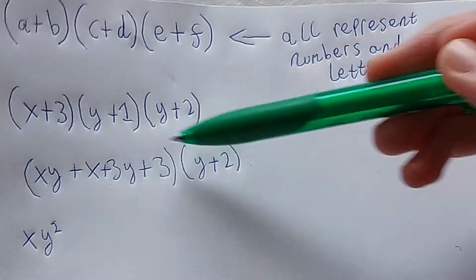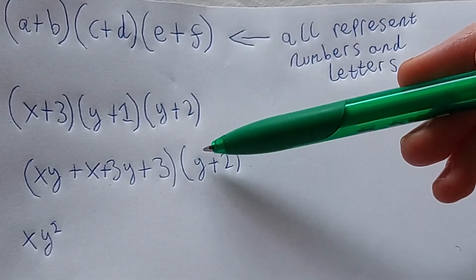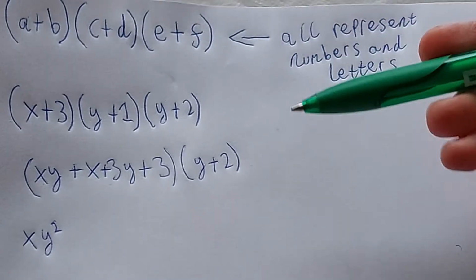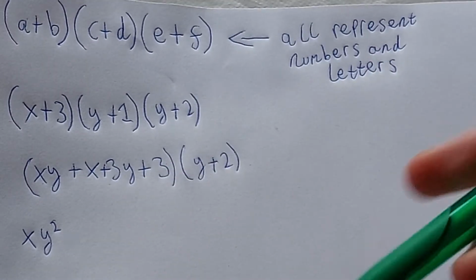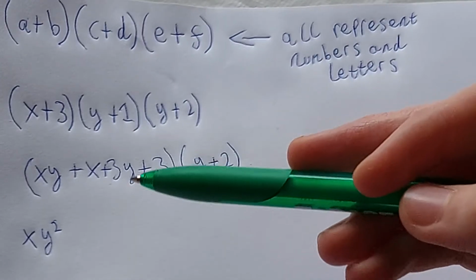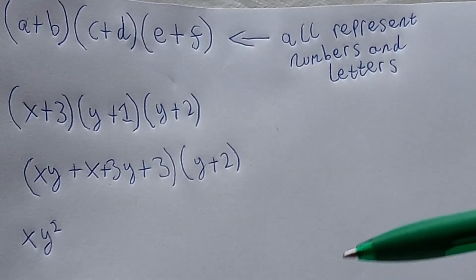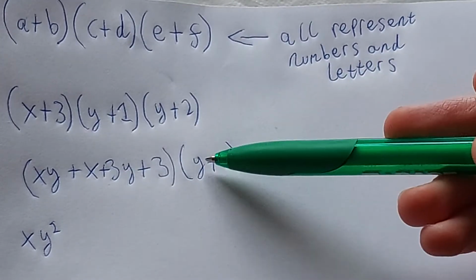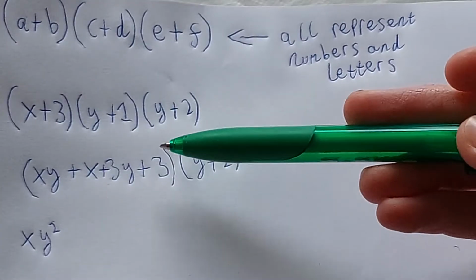So we have xy times y, which would give you xy squared. It's positive because, again, we've all got pluses. If you've got the same letter and you're timesing them, it would always be squared. If you've got two x's and you're timesing them, it will be x squared, two s's, it will be s squared, and so on. So in this case, xy times y would be xy squared.